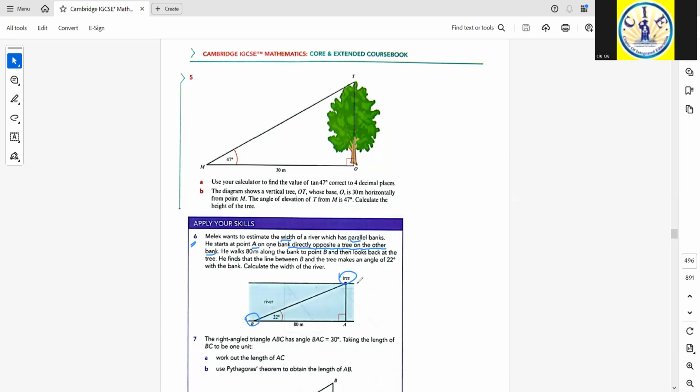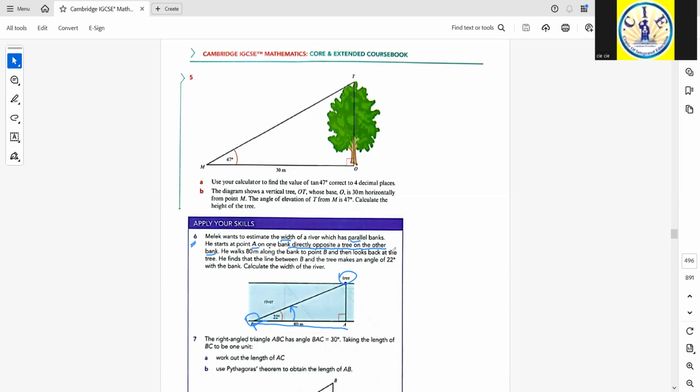This is the tree. He walks 80 meters along the bank to point B, from here till here, and then looks back at the tree. He finds that the line between B and the tree makes an angle of 22 degrees with the bank, this one. Calculate the width of the river.